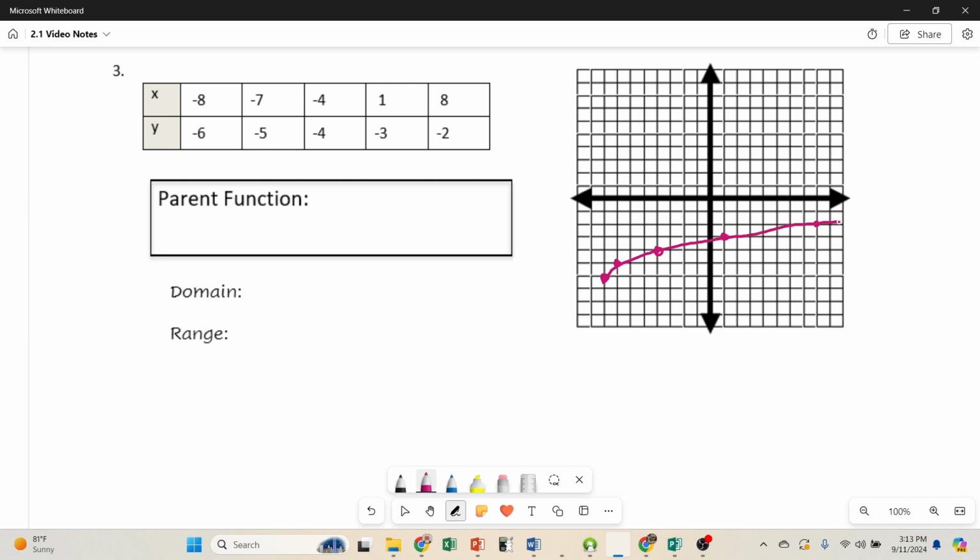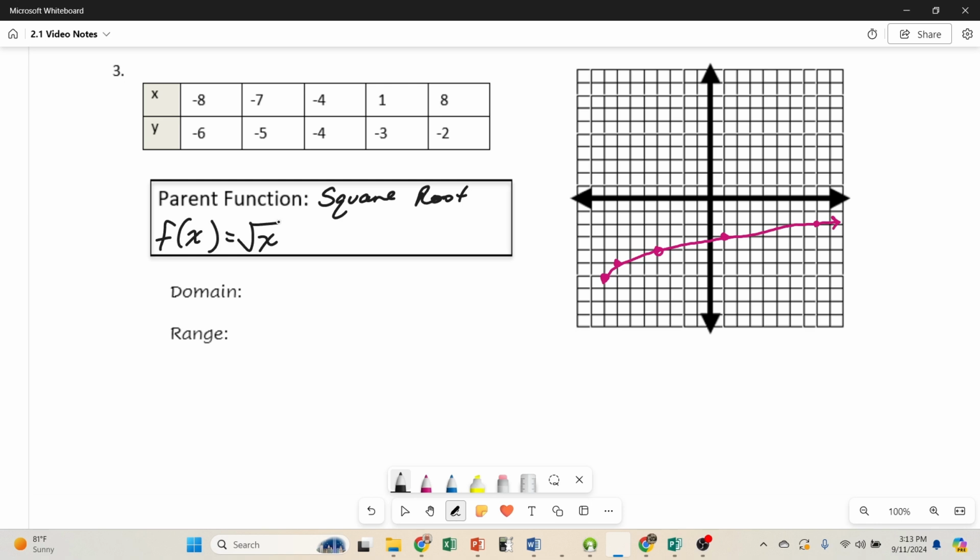And we can see here, this definitely looks like our square root, right? This looks like the square root function. So the parent is the square root of x.